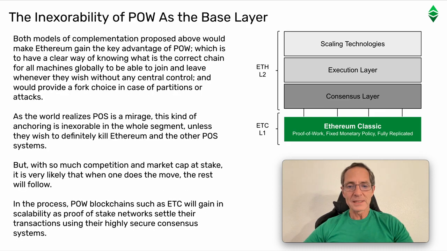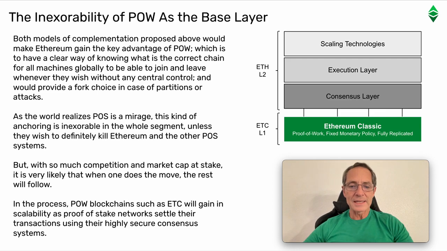The inexorability of proof of work as the base layer. Both models of complementation proposed above would make Ethereum gain the key advantage of proof of work, which is to have a clear way of knowing what is the correct chain for all machines globally to be able to join and leave whenever they wish without any central control, and would provide a fork choice in case of partitions or attacks.